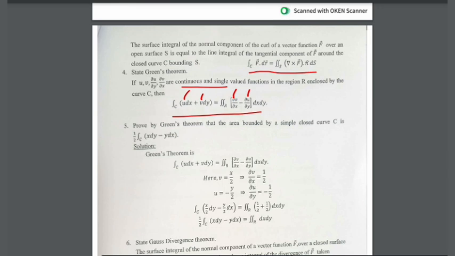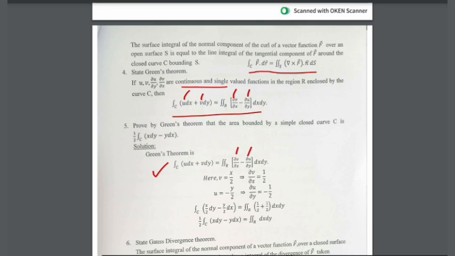Now our next problem is to prove by Green's theorem that the area bounded by a simple closed curve C is 1/2 ∫C (x dy − y dx). We already know the Green's theorem formula, ∫C (u dx + v dy) = ∬R (∂v/∂x − ∂u/∂y) dx dy.